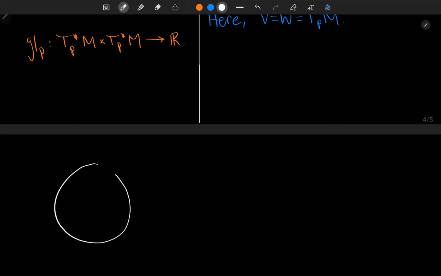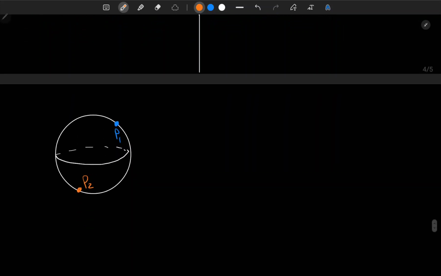So what I mean is that, given a sphere, let's say, and a point on that sphere, let's say two points. This is point p1, and this is point p2. These points have their own tangent spaces, given here.